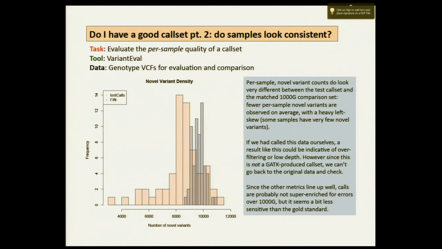You see a very big difference between the test calls that I wanted to evaluate and what you see in the 1,000 genomes finished samples. This is probably due to overfiltering or relatedness, but you can see that there is a slight bit of suspicion in the novel sensitivity for these samples for whatever reason.